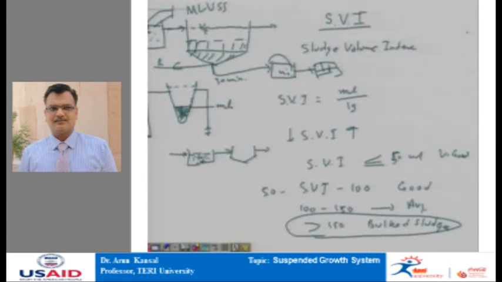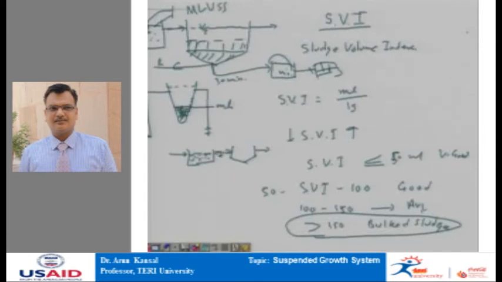The moment microorganisms are in the aeration tank, we want them to have floating characteristics, that is, they should have less specific gravity, so that they are dispersed throughout the system very uniformly. If they have a very high specific gravity, they will settle to the bottom and it will disturb the system. So, here we want the sludge to be floating in nature.